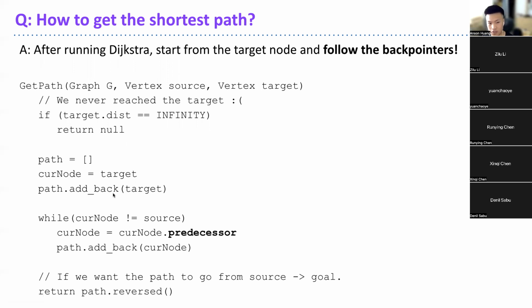We add the current node to the path. And then in this while loop, we continually get the predecessor, and we retrace our steps to see how we got to where we are. And if we reverse the path, then we get the path from source to our goal. So this is what this pseudocode is modeling.